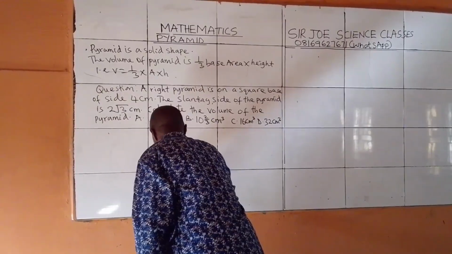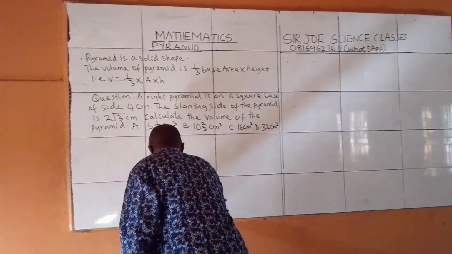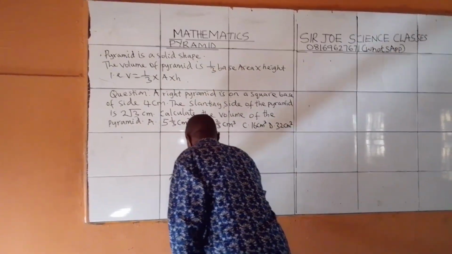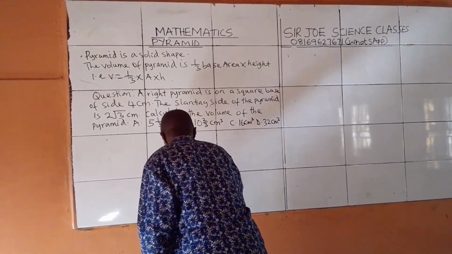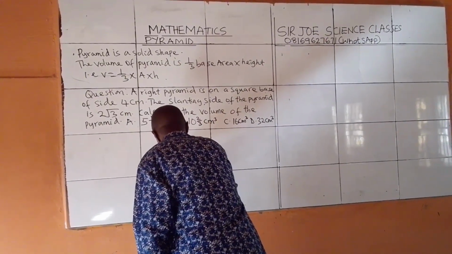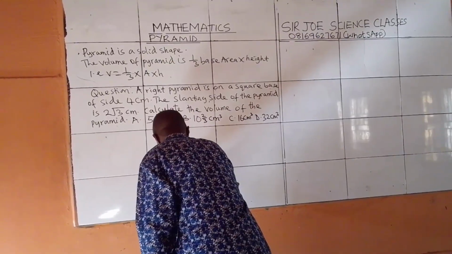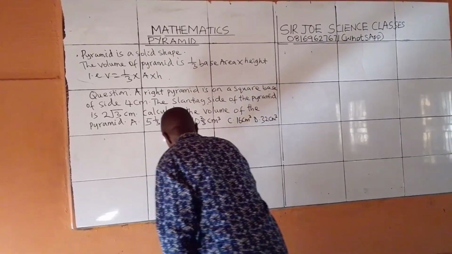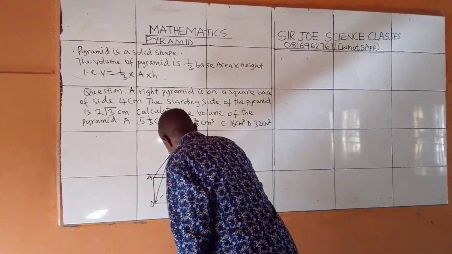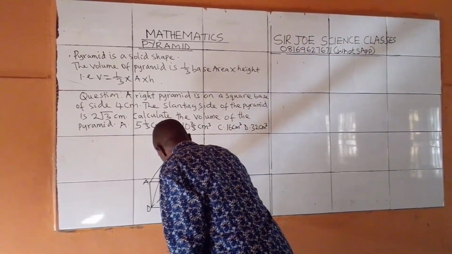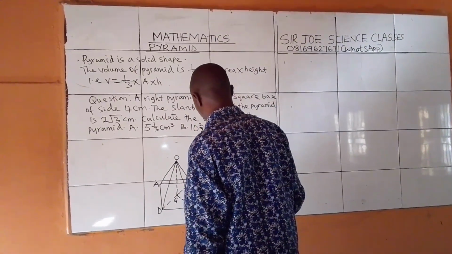This is point A, this is point B, this is point C, and this is point D. So also this is point G. So this is the pyramid.